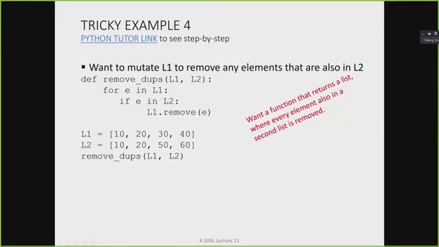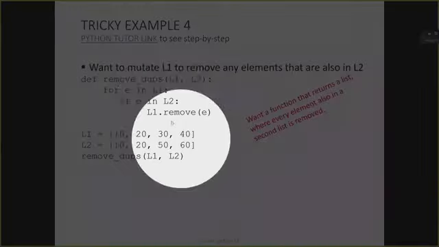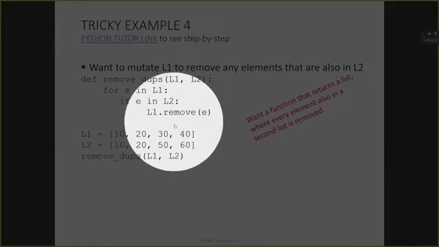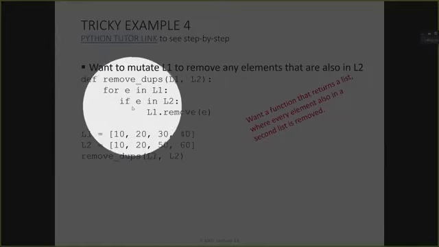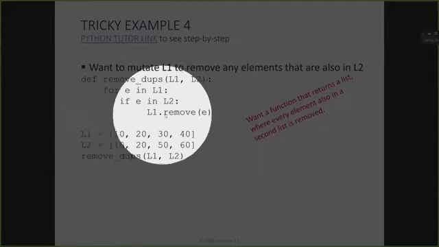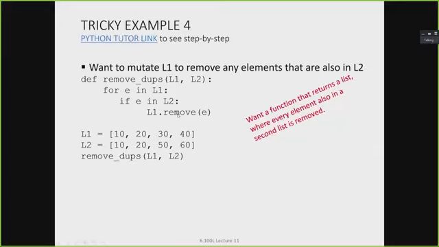So that's our task. And this is the code that supposedly does this. So I've got a loop that goes through each element in L1, so 10, then 20, then 30, then 40. And I ask if that element is in L2, so here they are, there's 2 of them here, then remove it from L1. Very similar thing to what we just did.